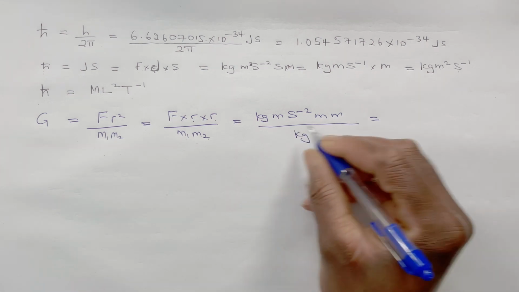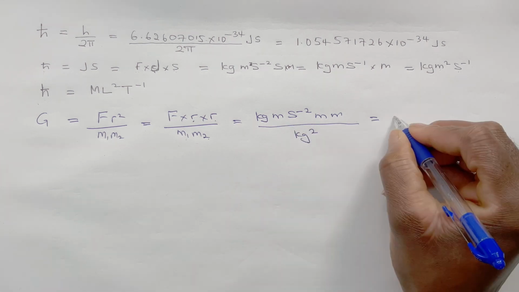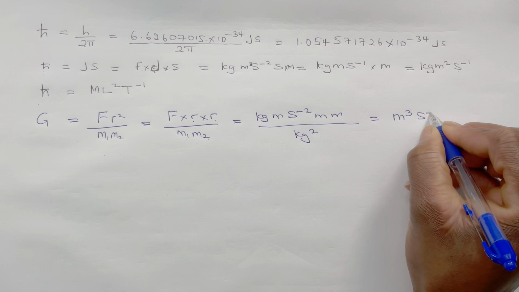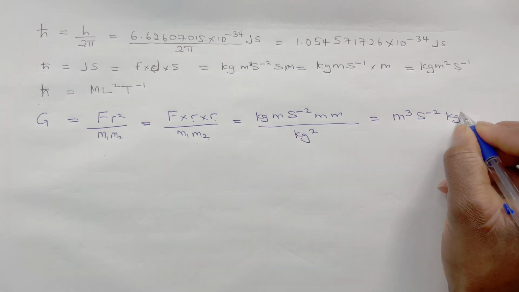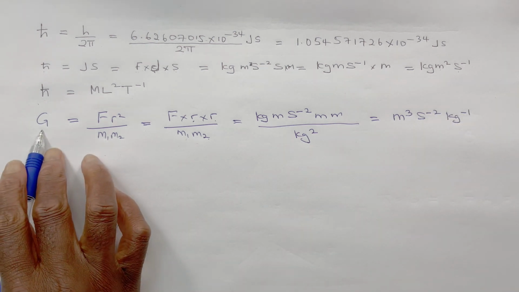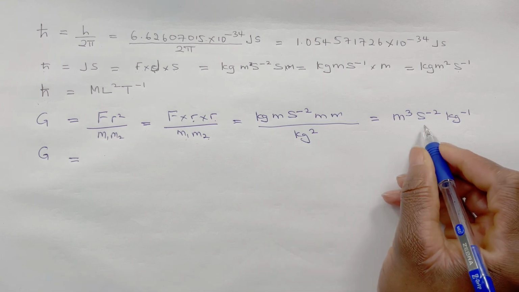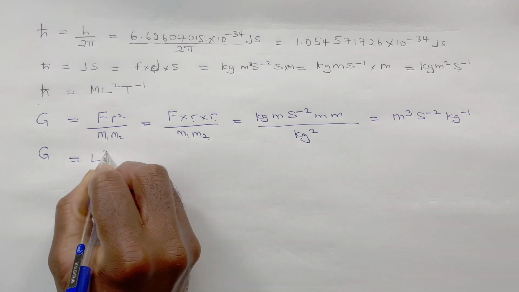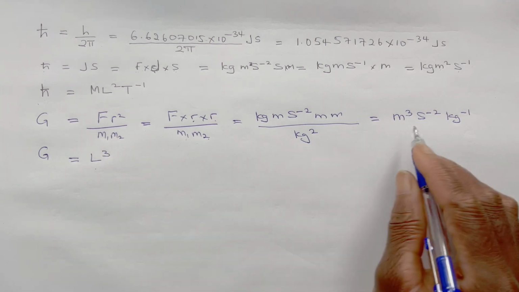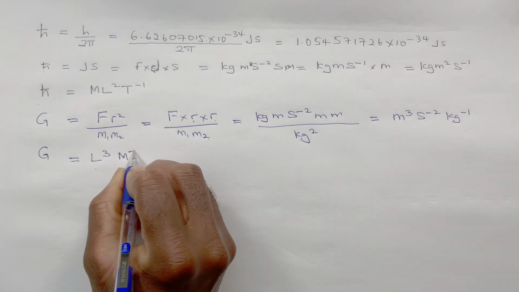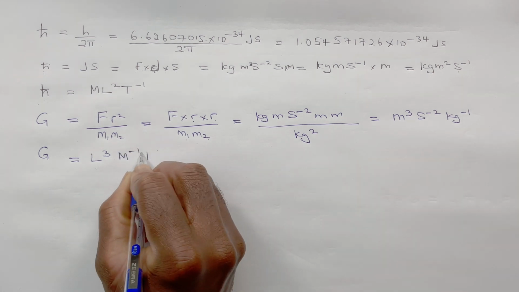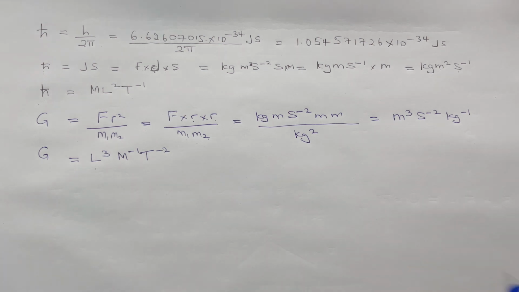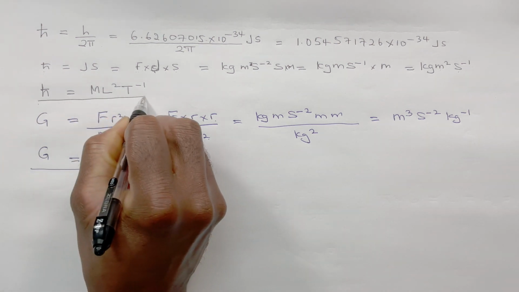We cancel one of the kilograms, so we get meter cubed per second squared per kilogram. So that'll be the units for big G. So big G unit will then be, using dimensional analysis, length cubed, M to the power minus 1, and capital T to the power minus 2. So that's the unit we need for big G, and that's the unit we need for h bar.